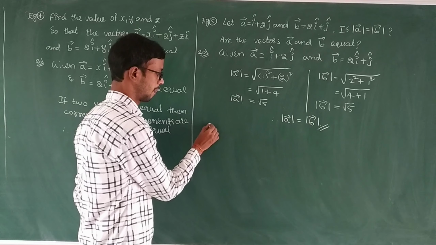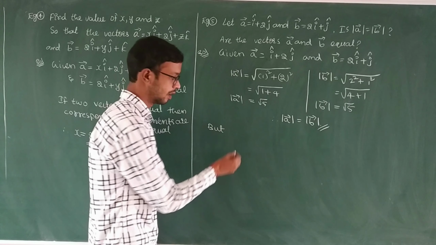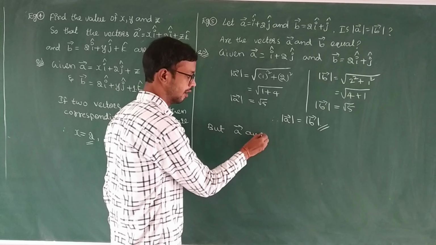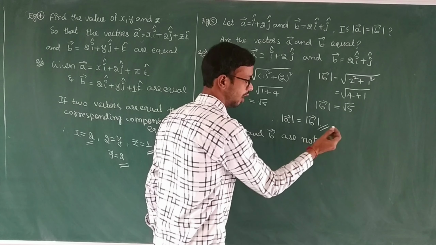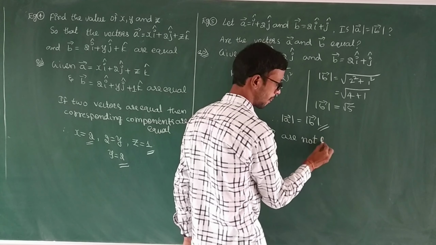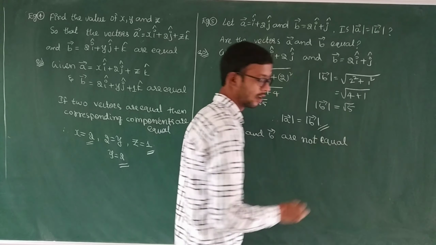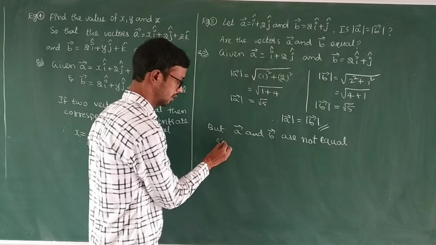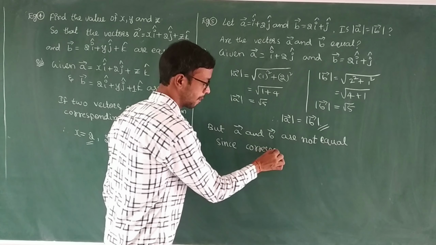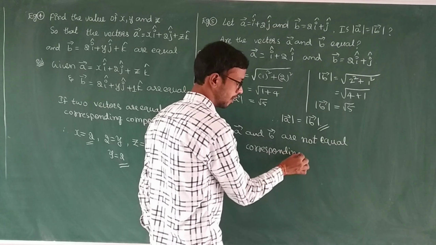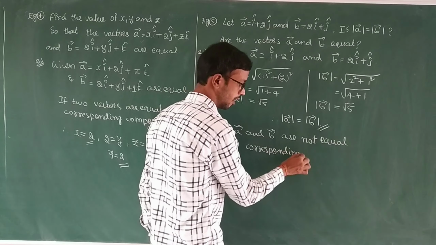Therefore, a bar and b bar are not equal, since corresponding components are not equal.